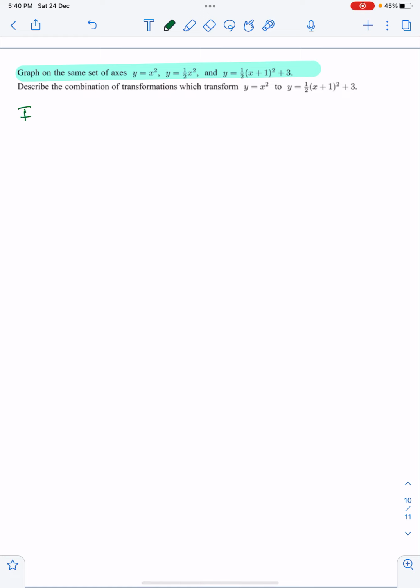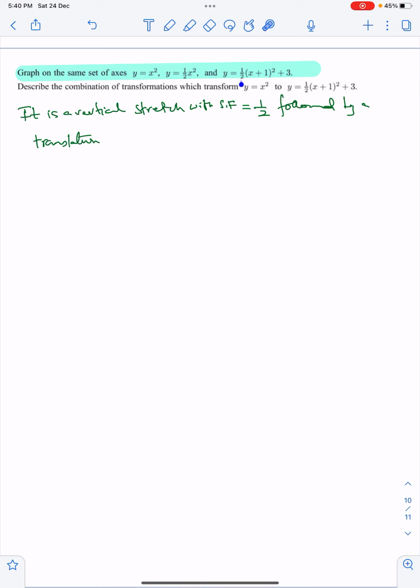So it's a vertical stretch with stretch factor equal to half, followed by a translation. Because in the bracket in place of x they have added something, addition or subtraction meaning a translation, not a horizontal stretch.